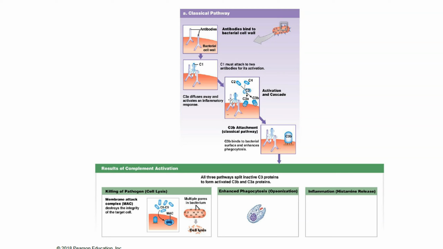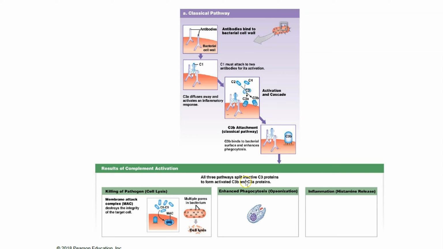You knock over one domino, but if you've seen those amazing videos where people build art with dominoes, knocking over one domino could knock over 1,000,000 dominoes if you arrange them correctly. And so this is what a signaling cascade is. And so what it literally does is cause all these molecules to bind to bacterial surfaces and enhance phagocytosis. So it enhances the immune system being able to engulf these particles and destroy them.